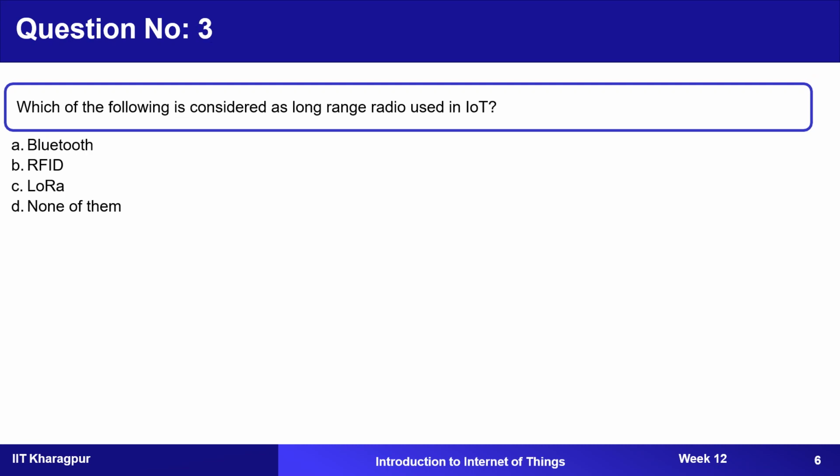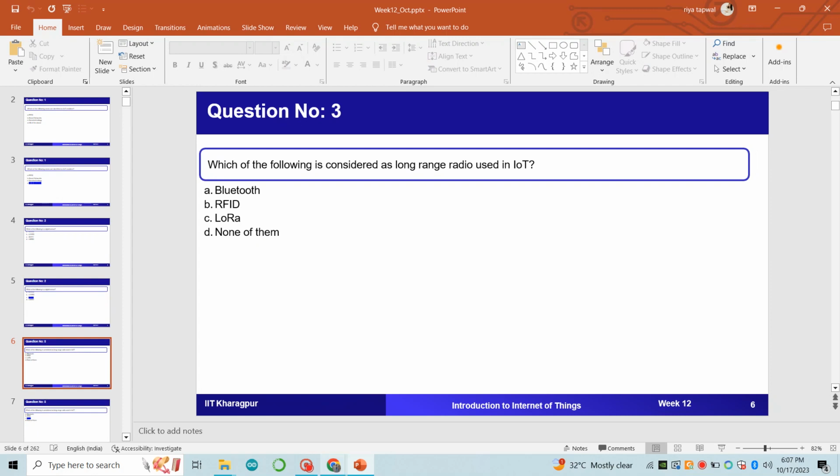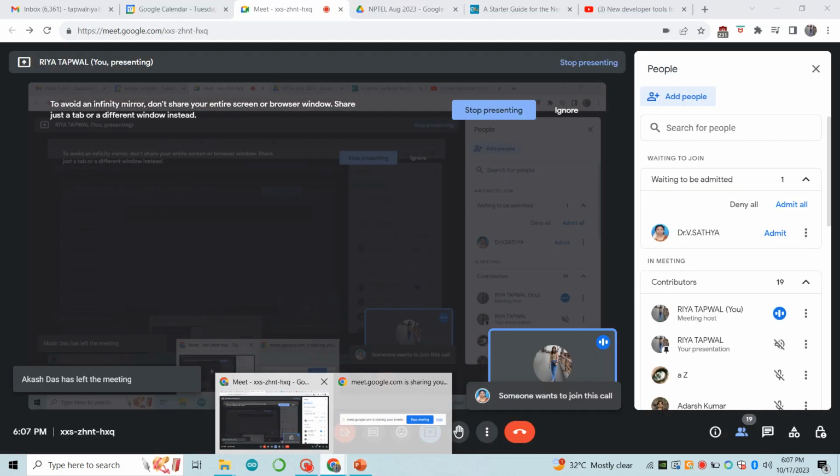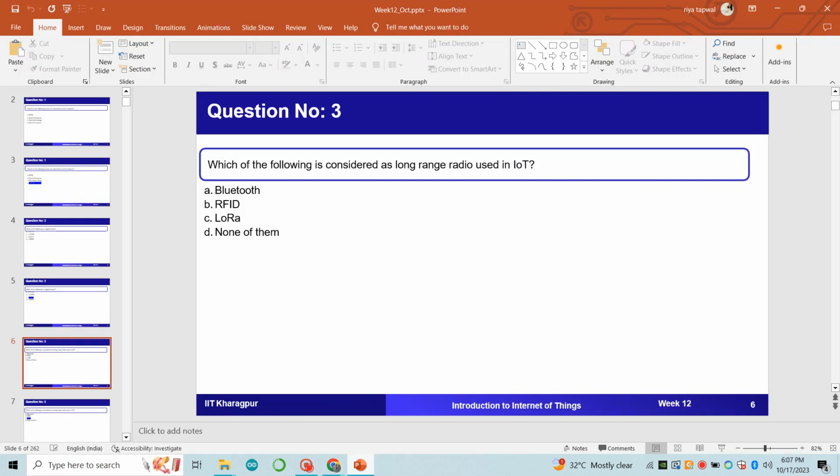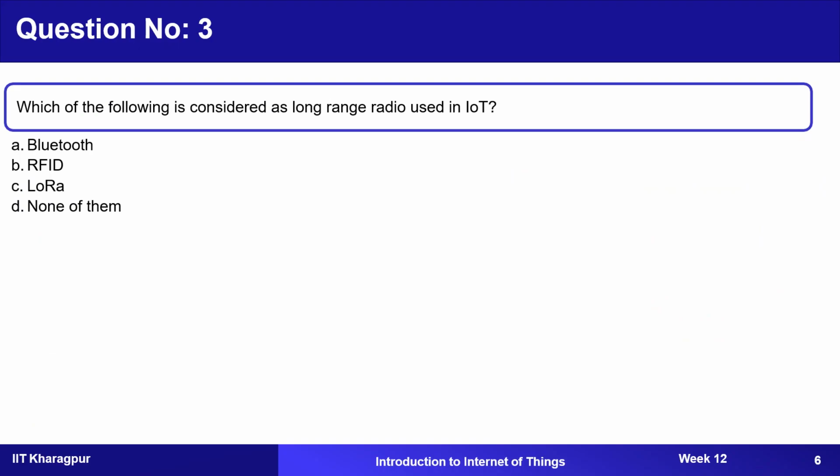Next question is, which of the following is considered as long range radio used in IoT? Options are Bluetooth, RFID, LoRa, none of these. These are the questions which I have taken from the previous session only. LoRa. Every one of you should be able to answer these questions. Okay, LoRa.